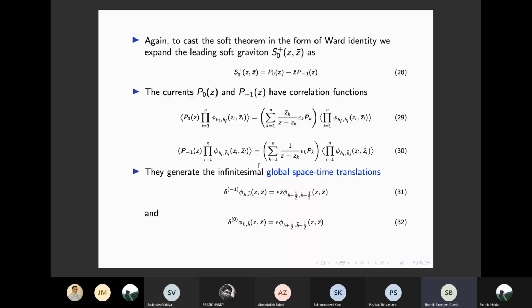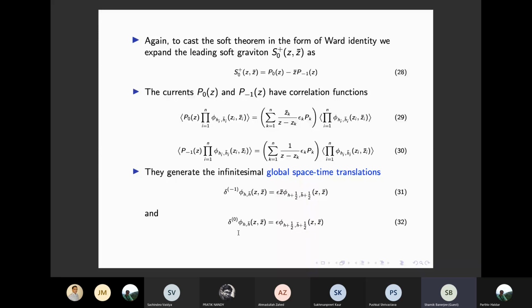Okay, now these Ward identities are equivalent to the infinitesimal global space-time translations of this form, where P minus 1 Z, so this is actually delta 0, this is delta minus 1. So delta naught acting on this phi h h bar, phi h h bar Z Z bar, gives you this. And the conformal dimensions h and h bar each increase by half.